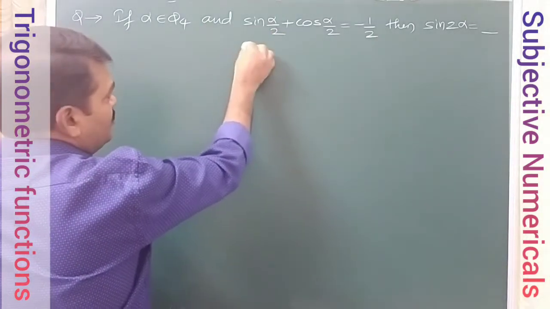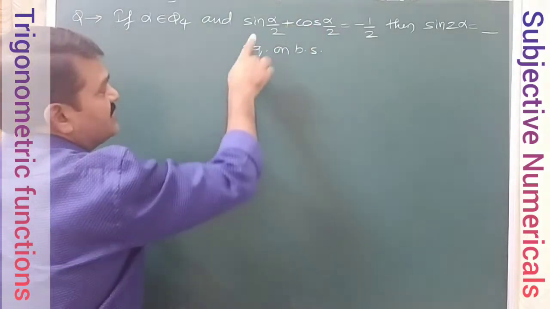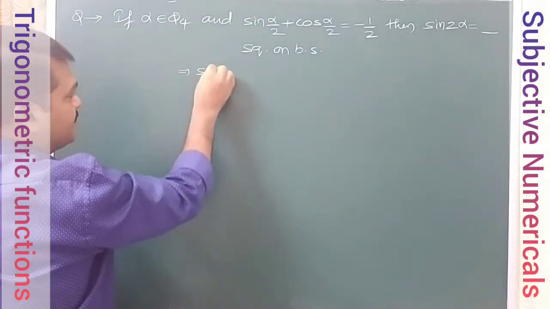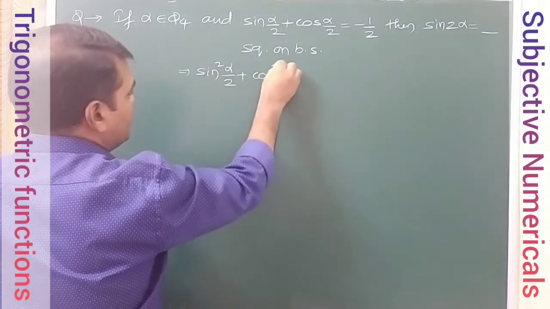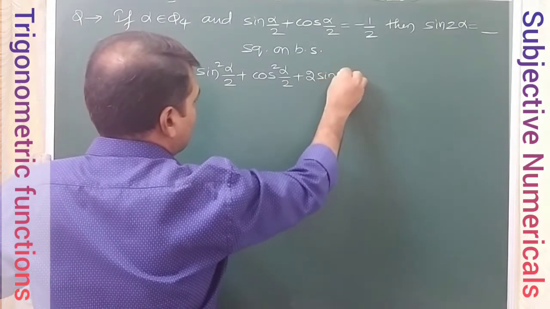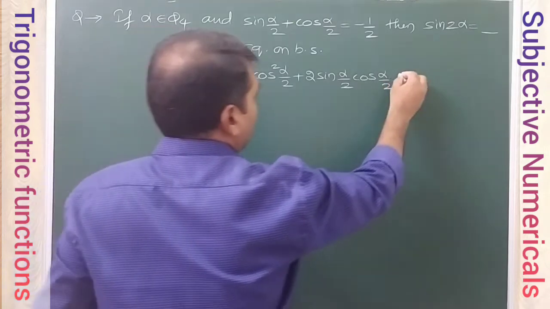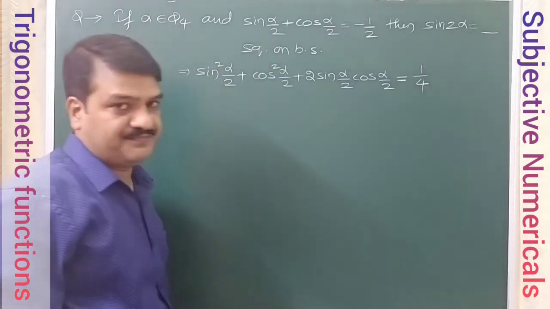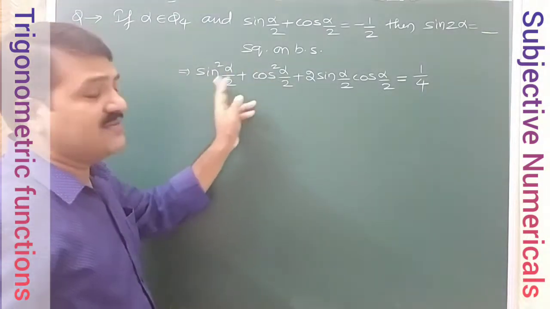Squaring both sides of the given equation, sin alpha by 2 plus cos alpha by 2 whole square, that means sin square alpha by 2 plus cos square alpha by 2 plus 2 sin alpha by 2 cos alpha by 2 is equal to minus 1 by 2 whole square, which means 1 by 4. Now sin square alpha by 2 plus cos square alpha by 2 is 1.